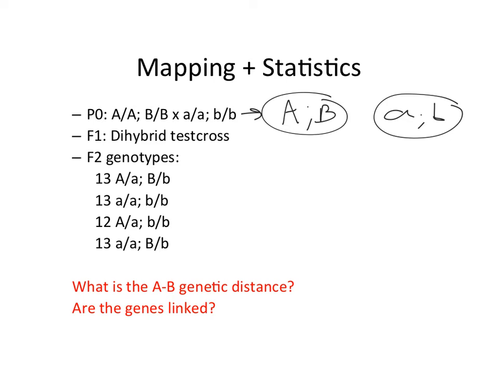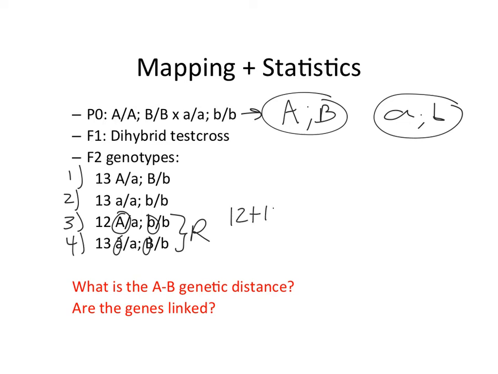So what's the genetic distance? Which of phenotypes or genotypes 1, 2, 3, and 4 are the recombinant types? 3 and 4, with the big A with the little b, the little a with the big B. Recombinants.